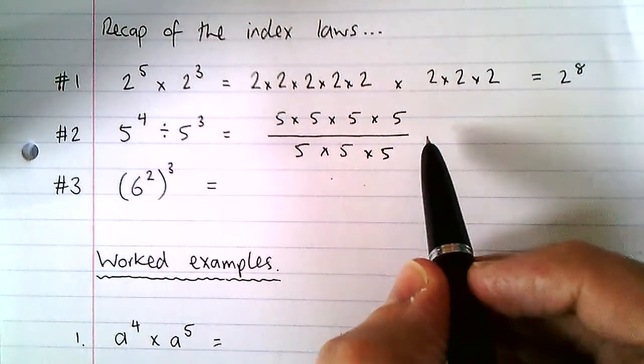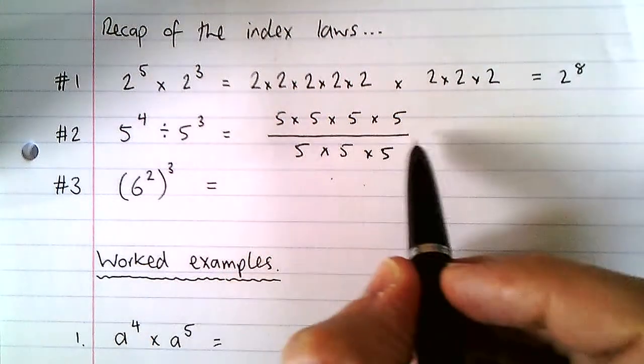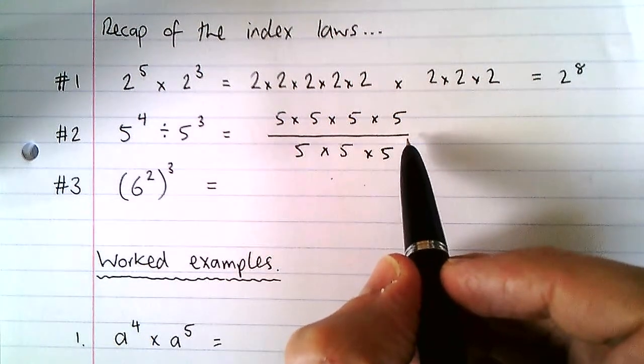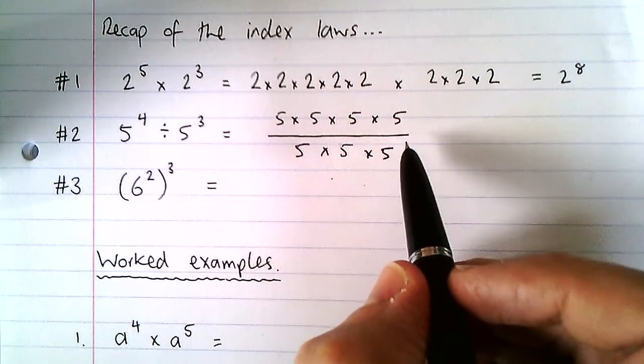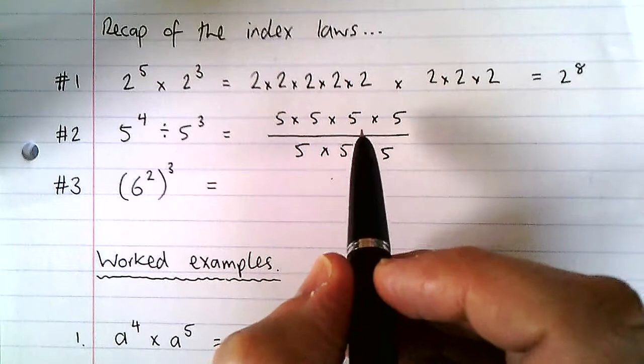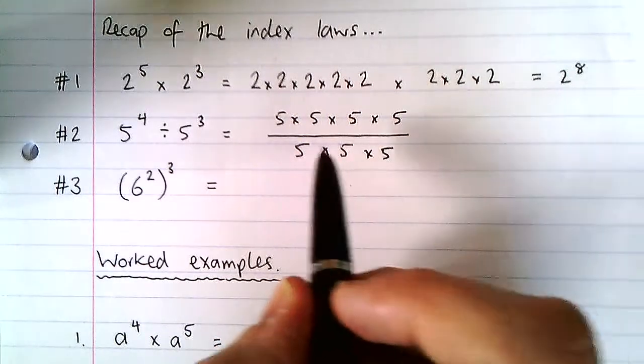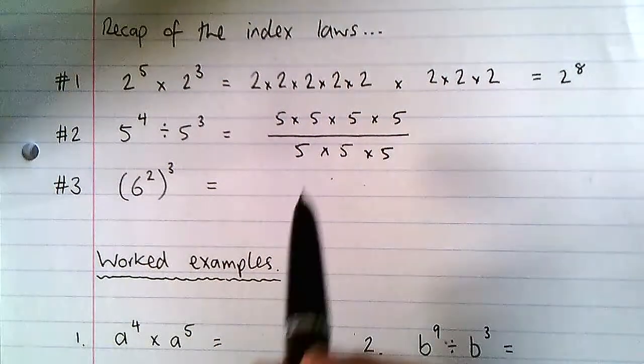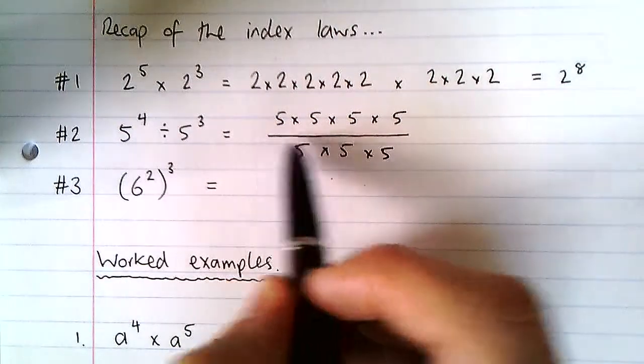This line is actually called a vinculum, but either way, this line here, like a fraction line, means divide. So if I've got the fraction 1 half, 1 over 2, that means 1 divided by 2. Divide 1 into 2 pieces, I get 0.5 in each piece. That's why a half and 0.5 are the same thing. This division symbol and this line here are the same thing.